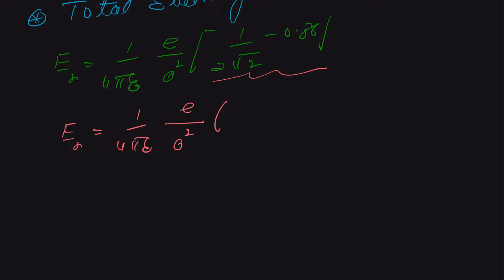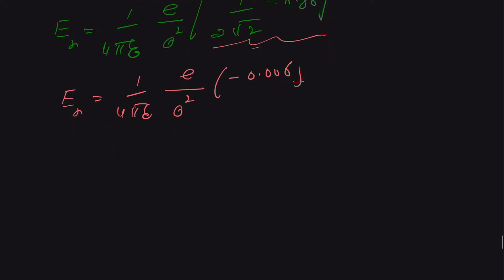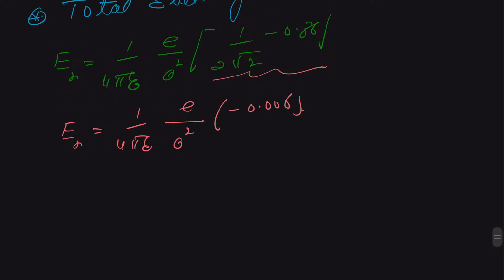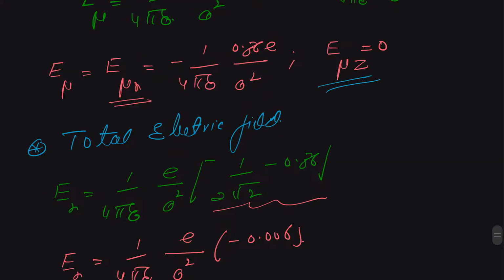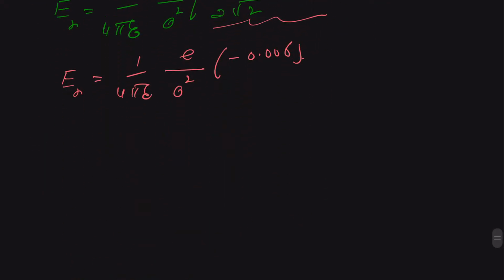In the z-axis, only the electric field because of the proton contributes. The electric field because of the muon is equal to 0.